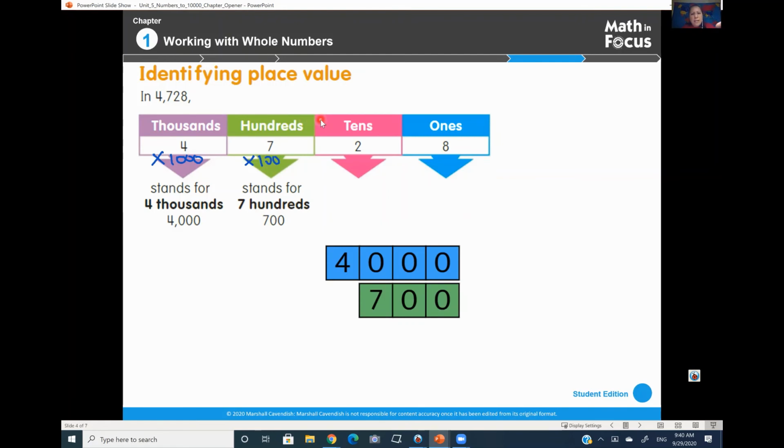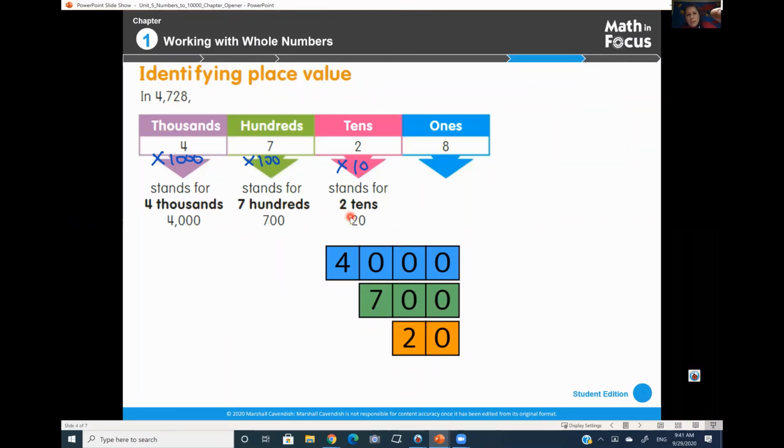Now the same applies for the 2. The 2 is in the tens. So that means I multiply times 10. And 2 times 10 is going to be 20. So that's the value of that digit 2. Why? Because the 2 is in the tens place, so the 2 stands for 20.